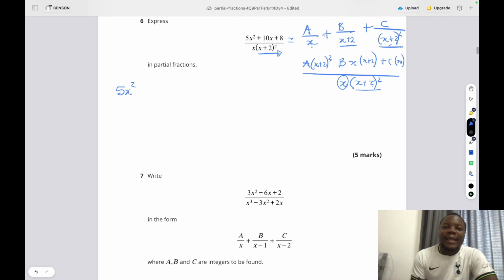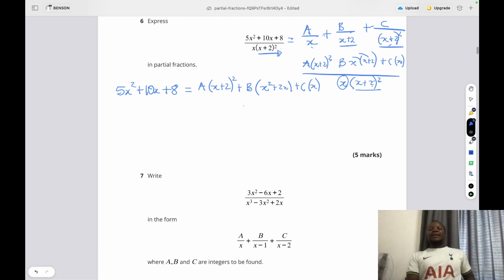So it then simply means 5x squared plus 10x plus 8 is equal to a(x plus 2) squared plus b. Now in this case, I'm going to take the x inside to have x squared plus 2x, and then plus c, which is times x.